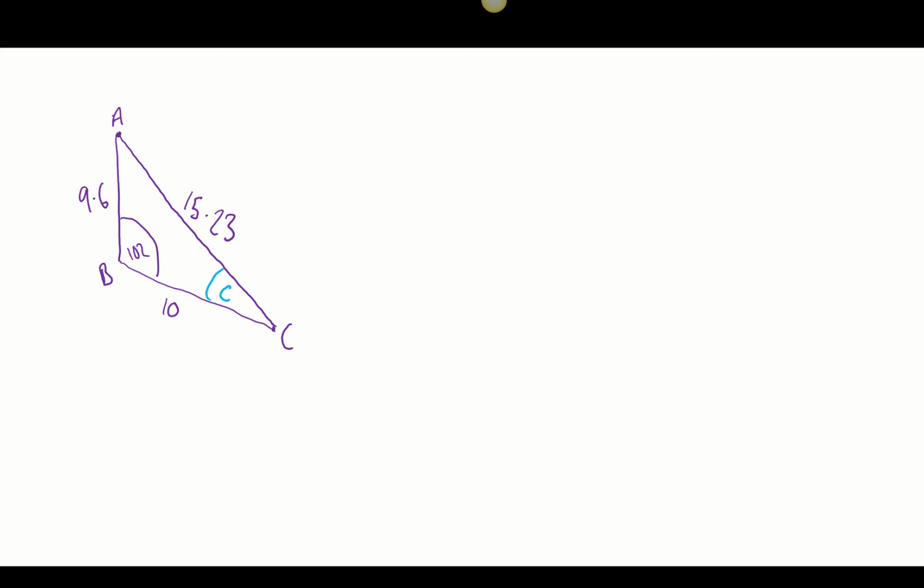So what we can do is use the sine rule, which would tell us, because we're trying to find this angle and we know the side opposite it, 9.6 divided by the sine of C. And we know this angle and we know the side opposite, so we can put in 15.23 and divide that by the sine of 102 degrees.